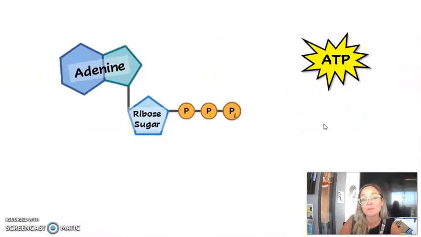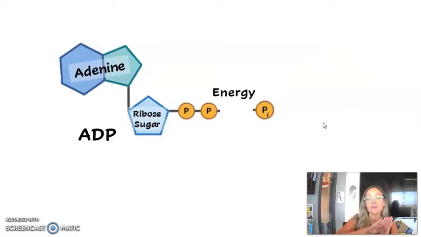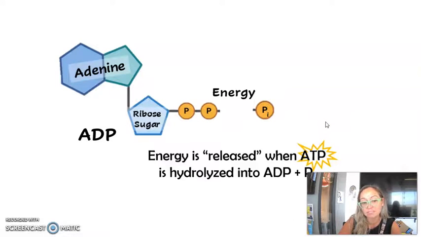Now, if we were to hydrolyze ATP, so hydrolyze means to add water to split or break apart a bond. When we hydrolyze ATP and that third phosphate group is broken off, that is how energy is released. So here, energy is released when ATP is hydrolyzed into ADP and an inorganic phosphate.